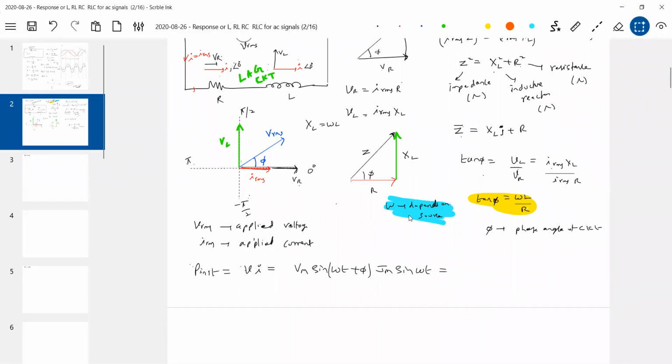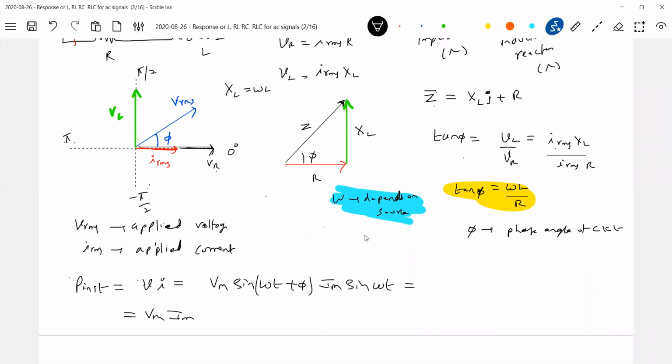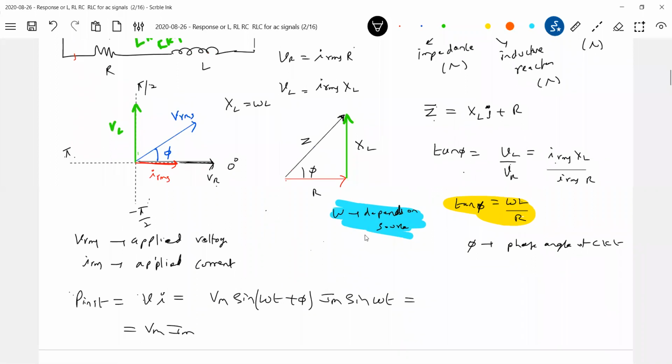I'll write the next step here. I'll magnify it. Try to look at this one. We'll expand this sine omega t: sine omega t cos phi into sine omega t.